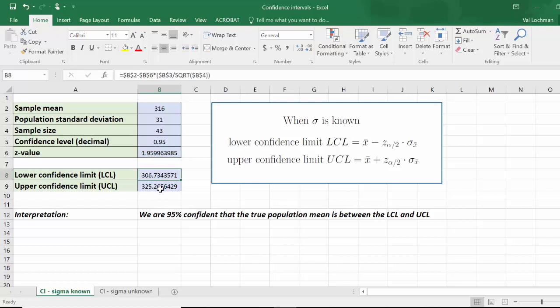And then the next two commands will pretty much use this formula right here, these two formulas, to compute the upper and lower confidence limits. Okay, so if you actually click on the cells, you'll see exactly what's going on. This is your sample mean minus the z value times the standard error. Okay, so let's see if that's correct.